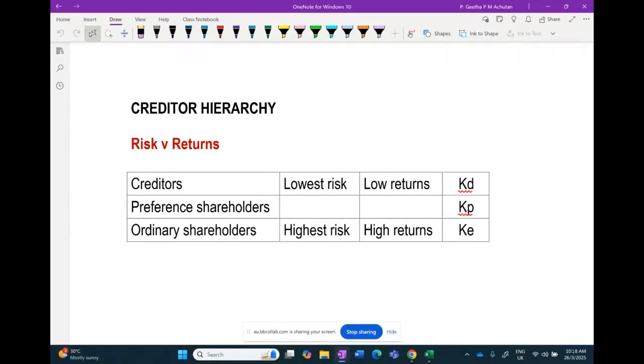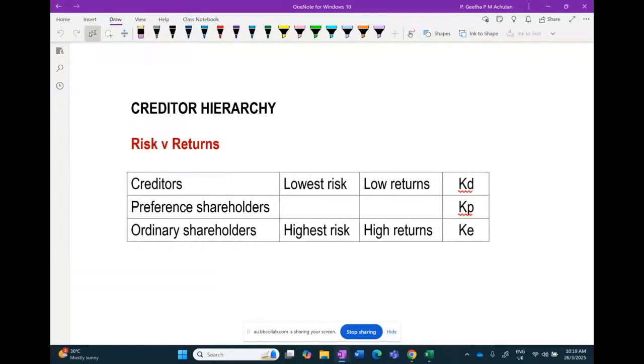Secured means when you borrow money, you need to give security, usually in the form of a fixed charge or a floating charge. So those creditors get paid first, followed by unsecured creditors, then payables, then preference shareholders who get fixed dividends, and finally, the ordinary shareholders.